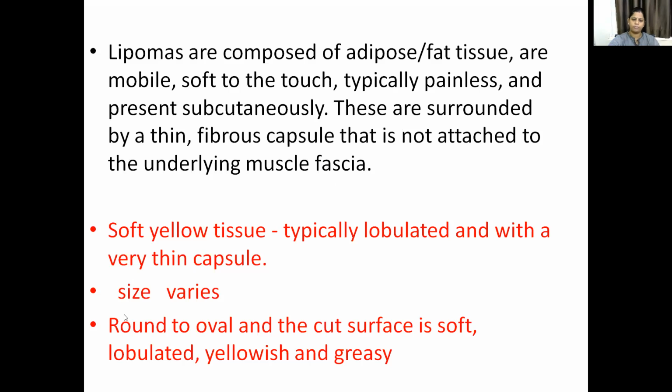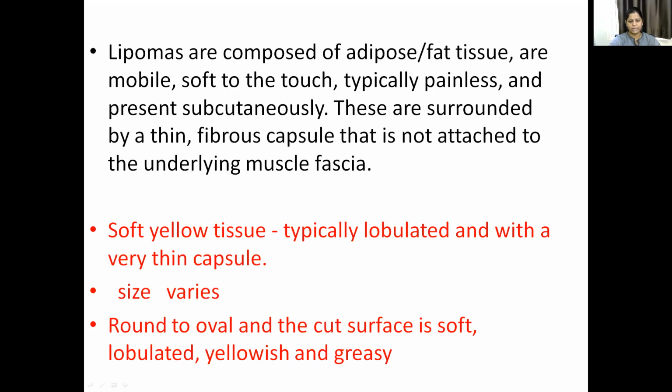They are round to oval, and the cut surface is typically soft and lobulated. What do you mean by lobulated? There are septa present in the tumor, separating it into different lobules. It is yellowish and greasy; the typical description is soft, lobulated, yellowish orange.